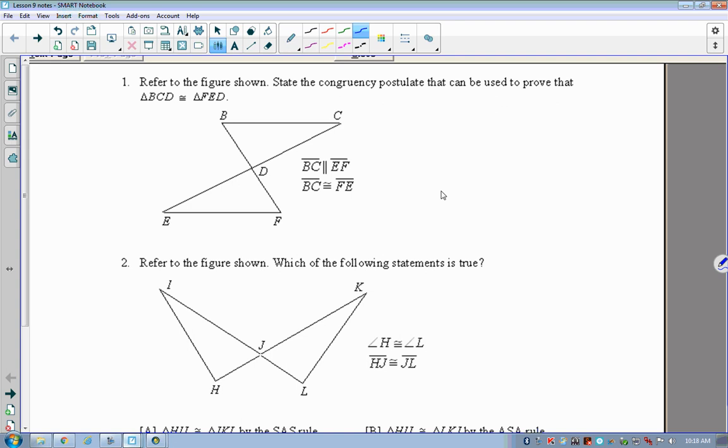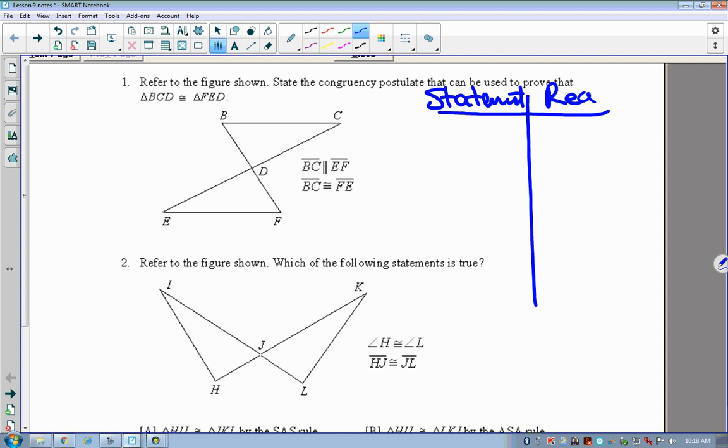When we're trying to prove something, we have an outline for it. The basic outline for a proof is statement and reason. We're going to do two-column proofs in here. In geometry, you learn about flow charts and paragraph proofs in addition to two-column proofs.